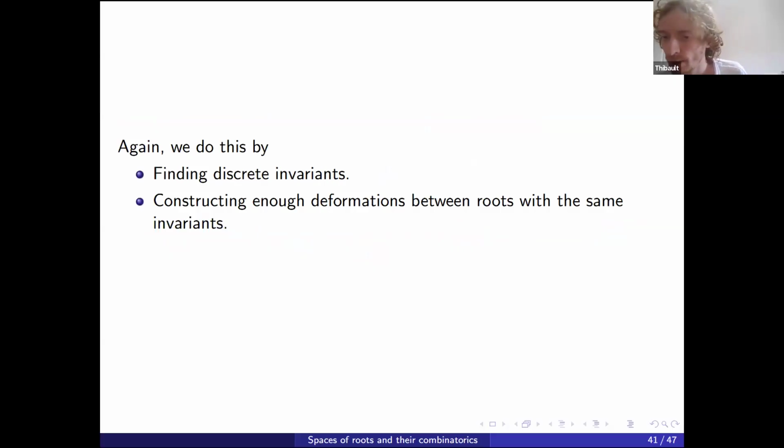Again, this is done by playing the same two games. The first one is you have this space S gamma rigid and you want to name a bunch of discrete invariants on it to separate them into open and closed substacks. And the second game is to show that all of these open and closed pieces are connected by constructing explicit deformations.